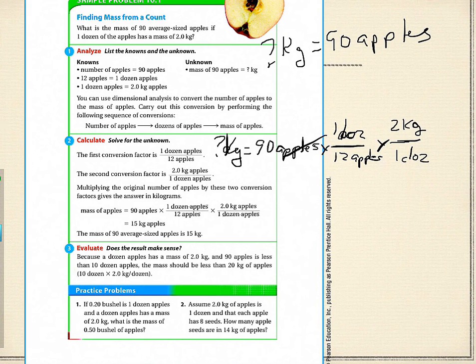So I can cancel all of those, and I'm left with kilograms, which is what I'm trying to get to. When I multiply that out, this equals 15 kilograms. So not too bad. Just a little bit of review on our factor label method.